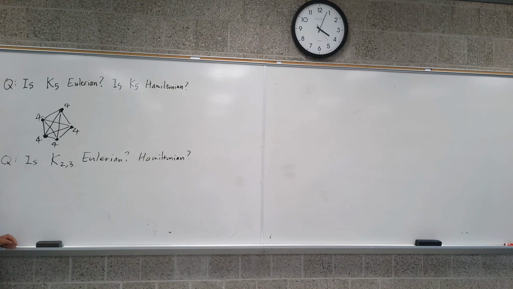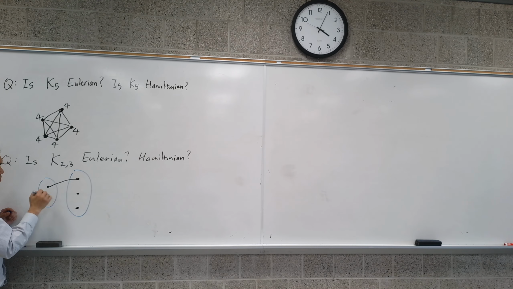Okay, what is K23? It's like you have 2 things here, and 3 things here. And it's what's known as the bipartite graph. Bipartite graph means that there are 2 groups where inside each group there shouldn't be any connections, but you're only allowed to have connections between different groups.